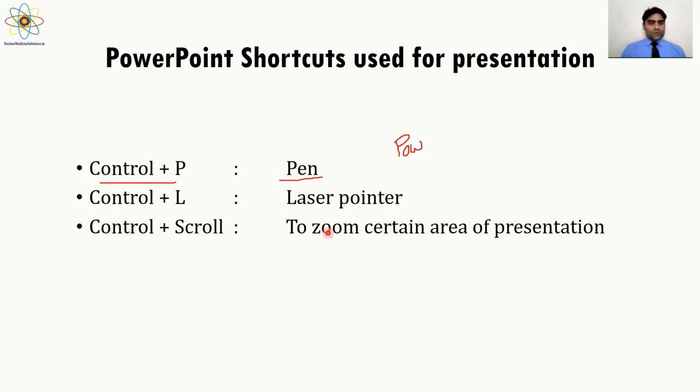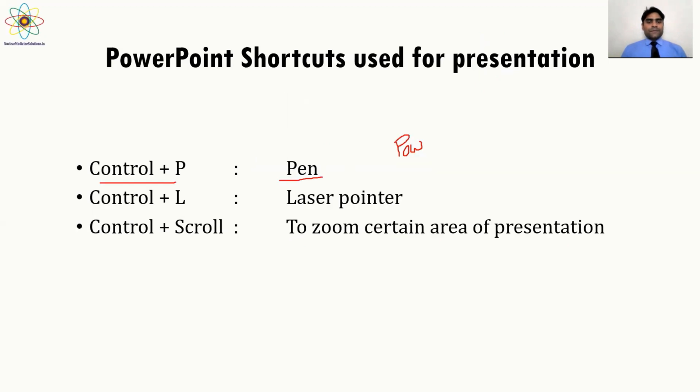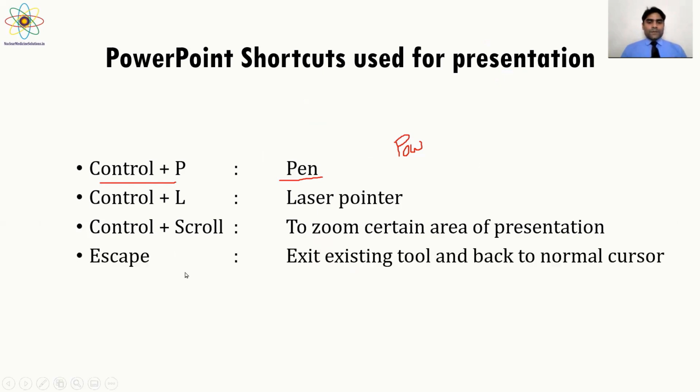On the mouse there is a scroll, and if you want to zoom into a certain area of the presentation, just press Control and then move the scroll button, and it zooms. And to get rid of all these effects, just hit the escape key. So the next command is the escape button to exit all existing tools and go back to the normal cursor.